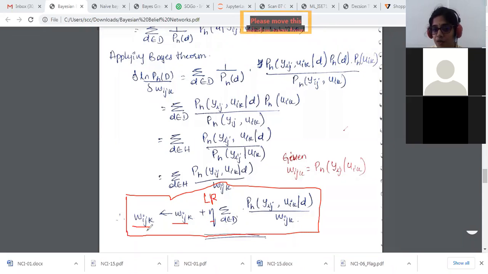Suppose there is an existing weight of 5. Upon that, I'm going to update my new weight. So it's going to be 5 plus the learning rate times the difference in the value of the weights. I'm going to write that over here. So this will basically be my gradient ascent for the given Bayesian network.